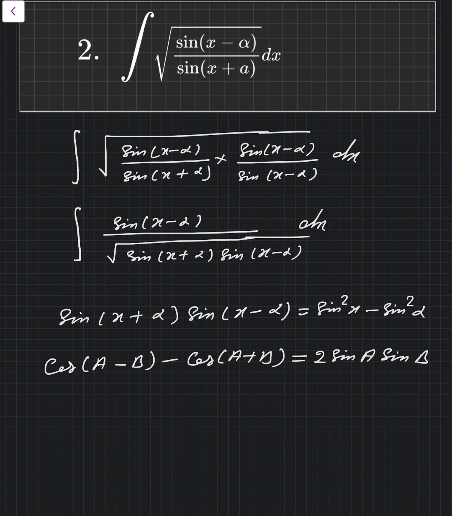Okay, simply here a is x plus alpha and b is x minus alpha.